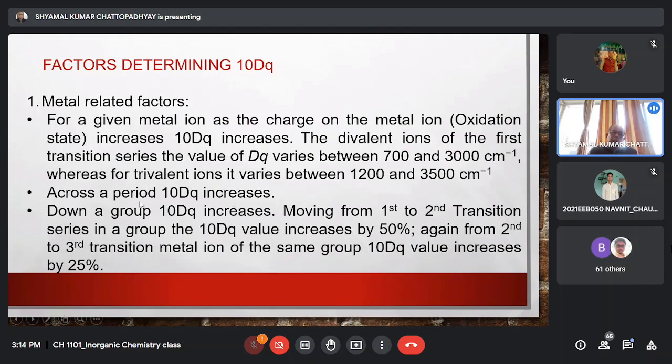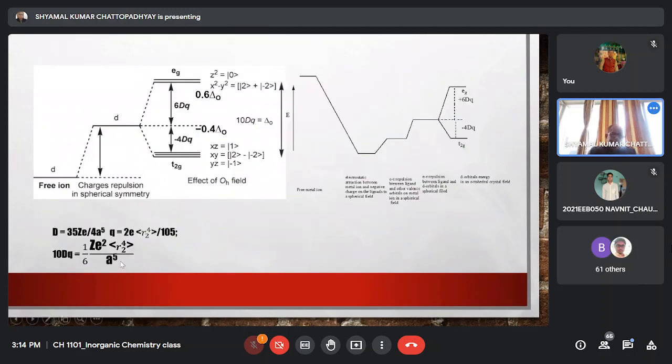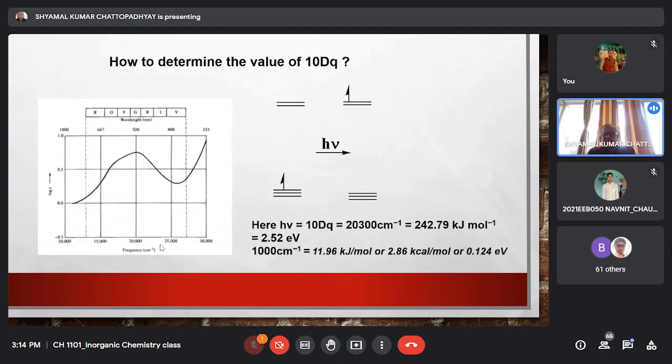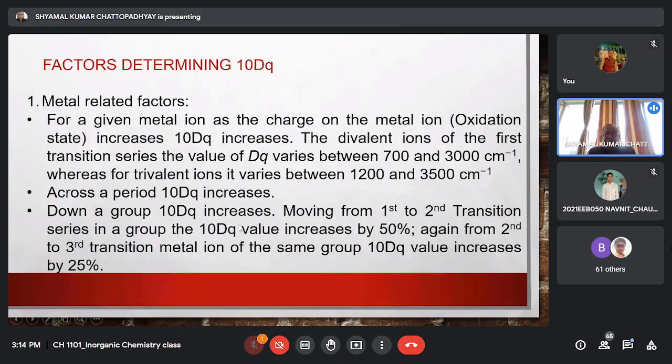Finally, down a group, that means if I move from 3d to 4d to 5d, the average radius increases, and obviously the crystal field splitting will increase. So down a group 10 Dq increases.